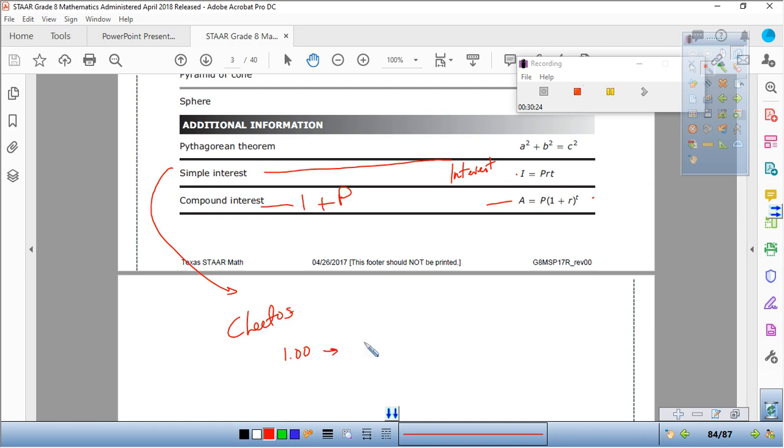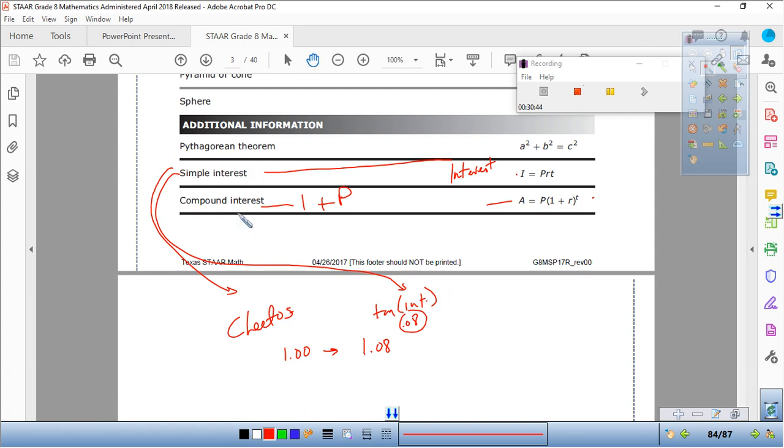You wind up paying $1.08 because of the tax. The tax is your interest in this situation. Your tax is how much? 8 cents. That's interest. That is strictly the 8 cents. That's what this one calculates, only the extra stuff.